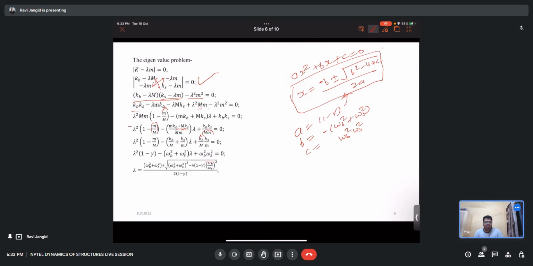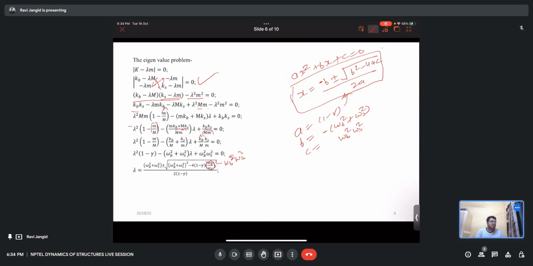So that minus b becomes a plus b, so this becomes omega b square plus omega s square, plus minus under root of b square, omega b square plus omega s square, minus 4 times a, which is 1 minus gamma, and c is, there are some typing mistakes, I have written the further steps here, so that will be omega b square and omega s square.